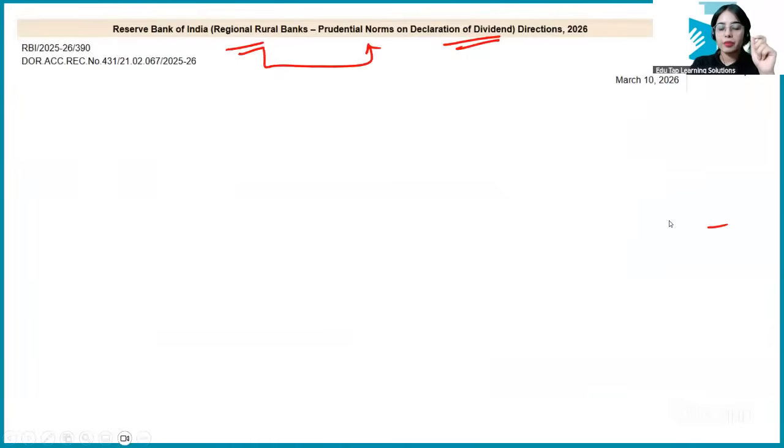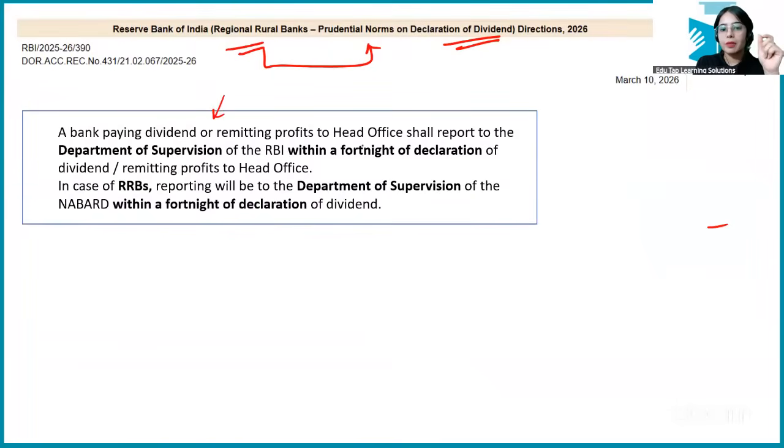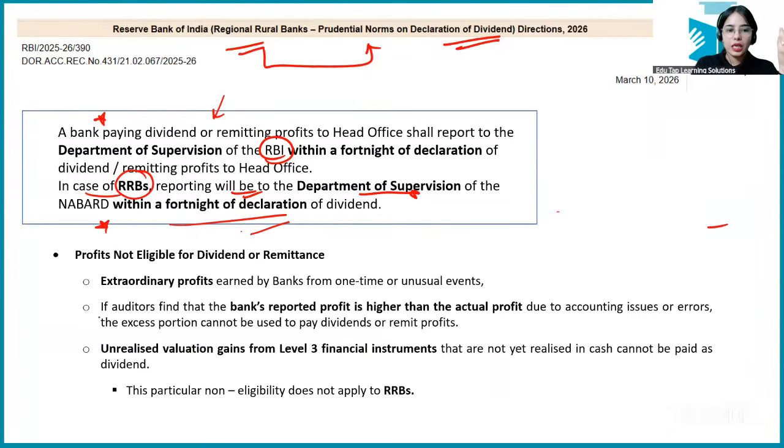In the case of RRBs, the supervisory authority is NABARD also. So for the other banks, RBI is the reporting authority, but in the case of RRBs, reporting will be done to the Department of Supervision of NABARD within a fortnight of declaration.